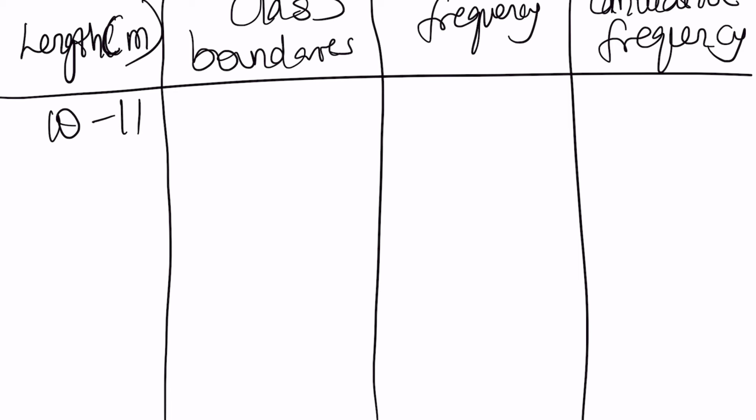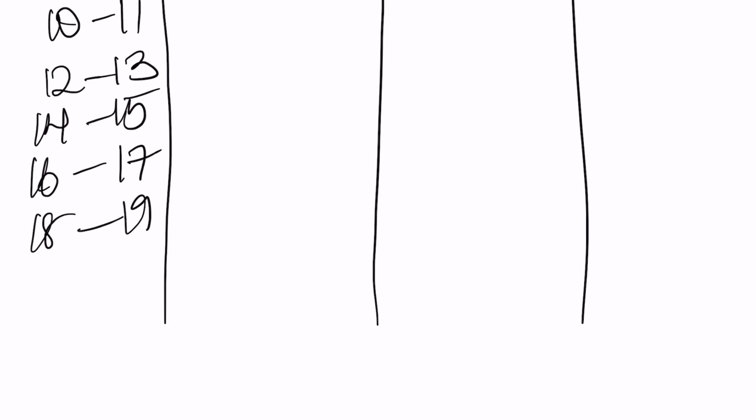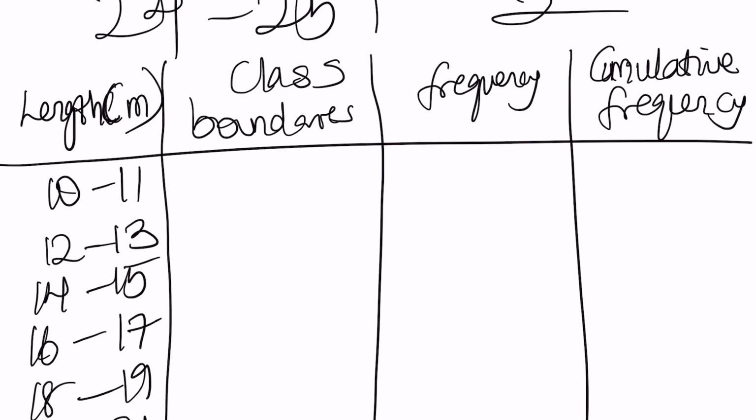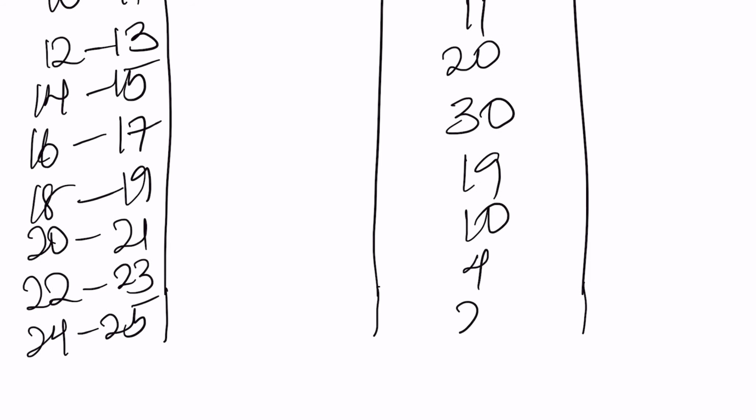Ten to 11, 12 to 13, 14 to 15, 16 to 17, 18 to 19, 20 to 21, 22 to 23, 24 to 25. So for our frequency, we have 4, 11, 20, 30, 19, 10, 4, and 2.